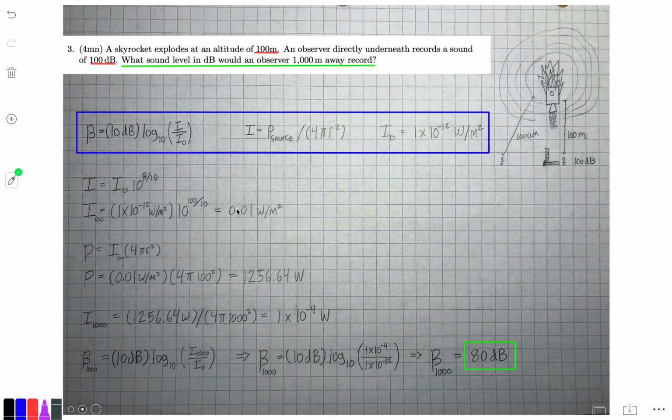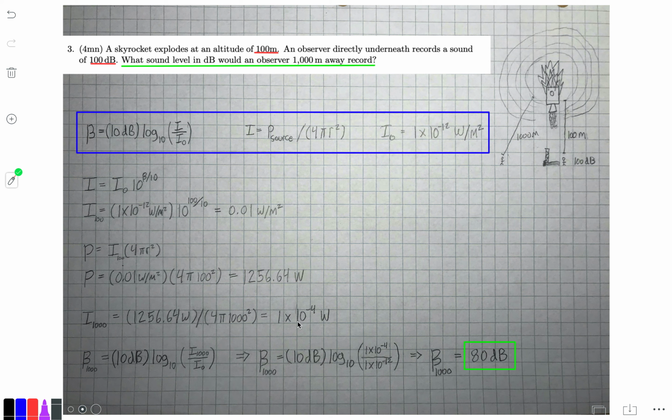And from here, we can plug this into our power equation to get the power of the sound. So just doing that, rearranging the equation and plugging in our variables, because it's a 100 meter radius for the sphere at this point.